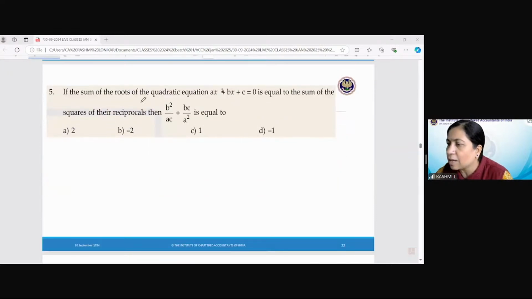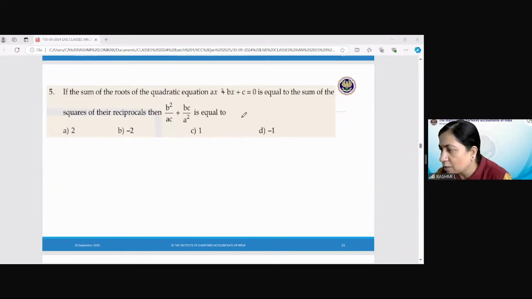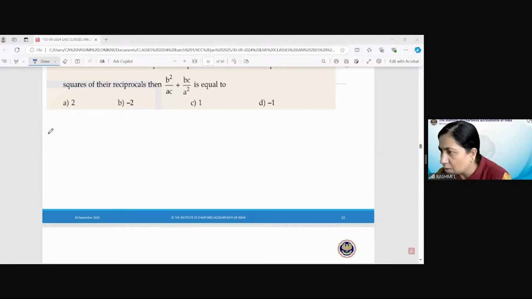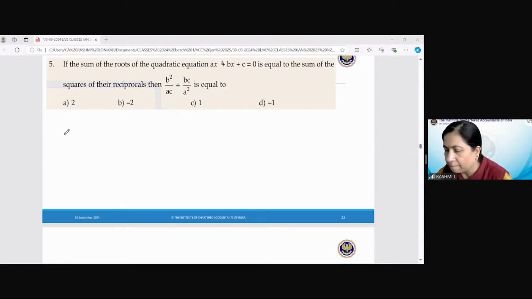So, if the sum of the roots of the quadratic equation is equal to the sum of the squares of their reciprocal, then b square upon ac plus bc upon a square is equal. So, what will we say?